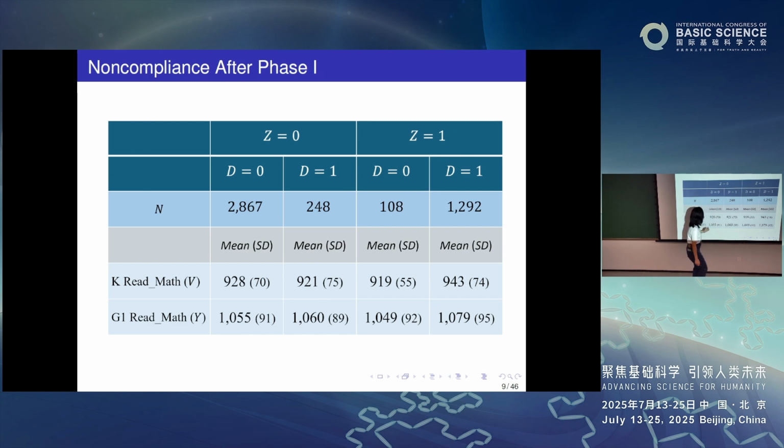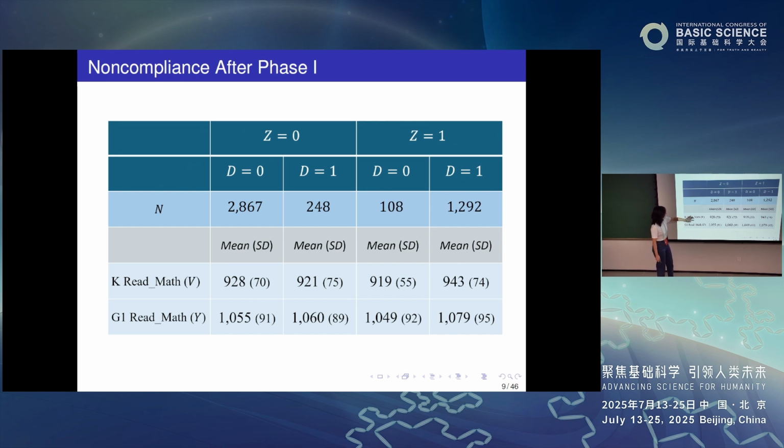This means that the test score measured at the end of the kindergarten year may have an impact on the treatment they would receive in grade 1. Also, how well they did in kindergarten may predict how well they would do in grade 1.